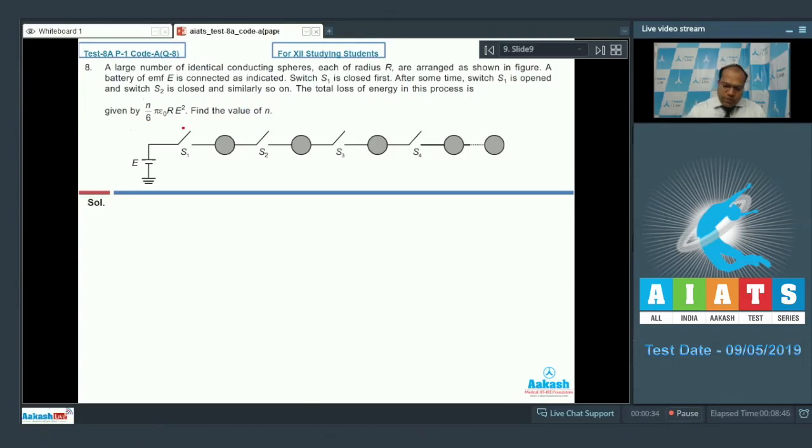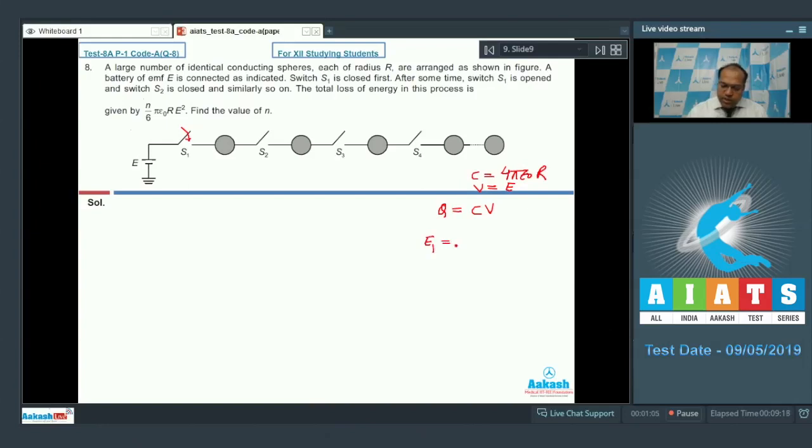When the switch S1 is closed, at that moment, the potential across the surface of the conductor becomes E. So we can write the charge appearing on the conductor is C into V, where the value of C is 4 pi epsilon naught R, the capacitance of the conductor, and the value of V is E. So the energy loss in this process is E1.